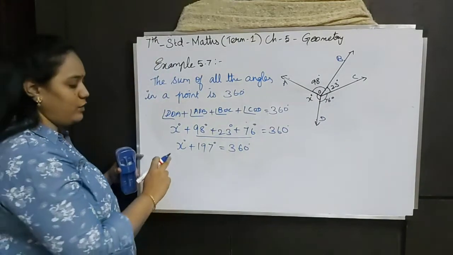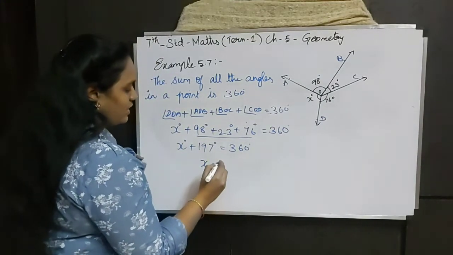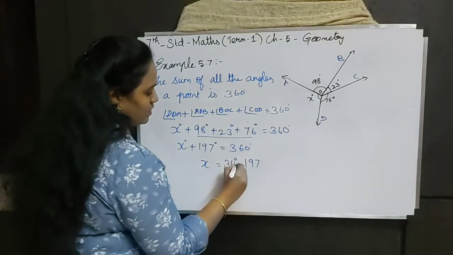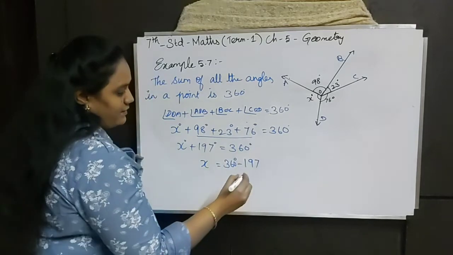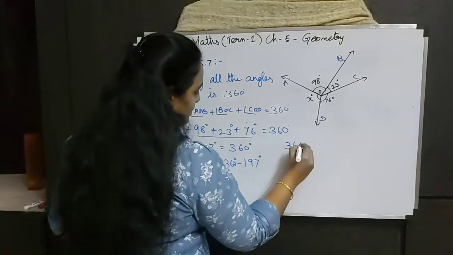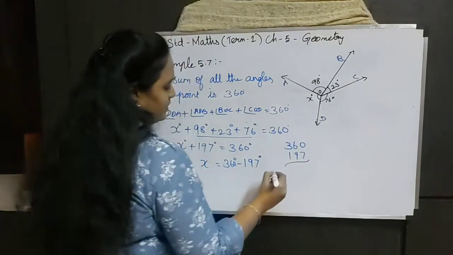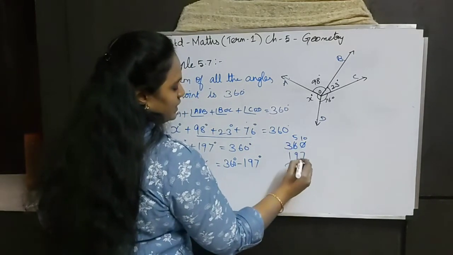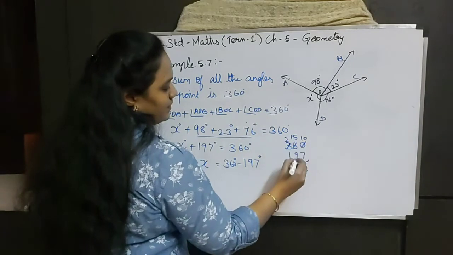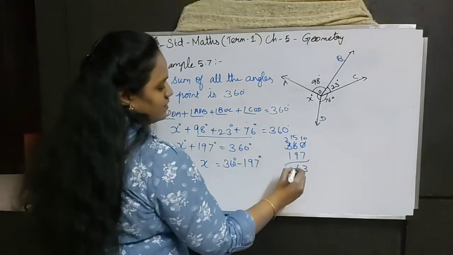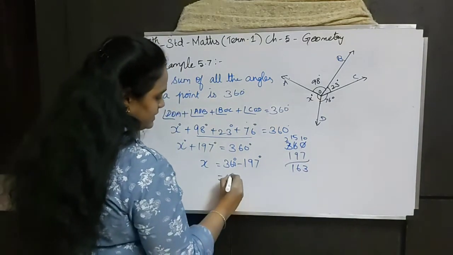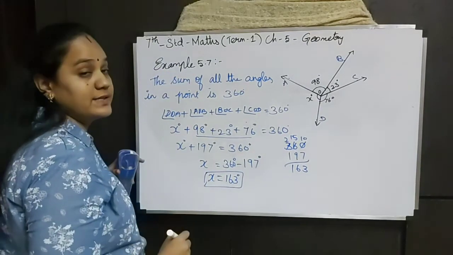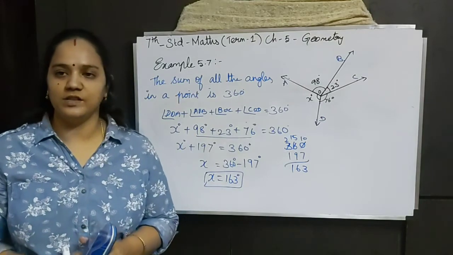Now I want the value for x. So x is equal to 360 degrees minus 197. So we are going to subtract 197 from 360. So the answer is 163 degrees. So the value of x is 163. That is your answer.